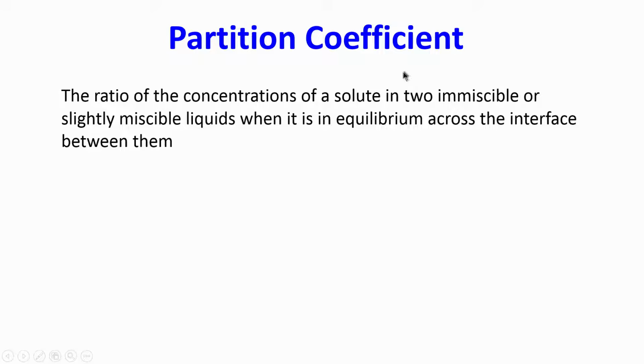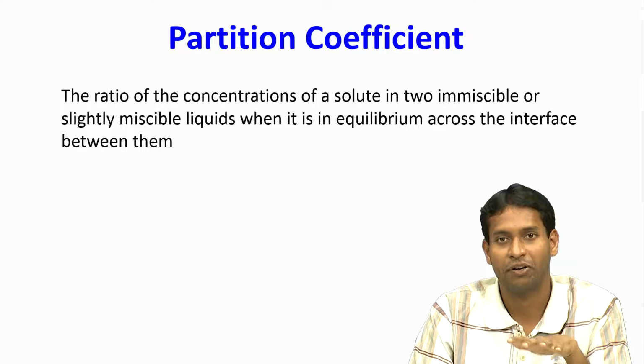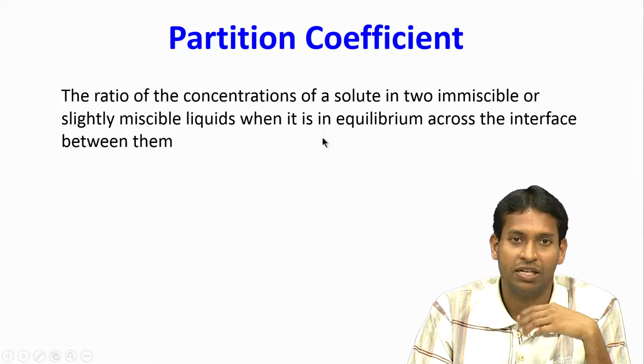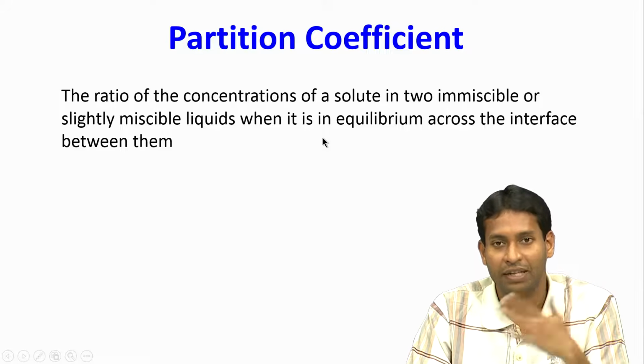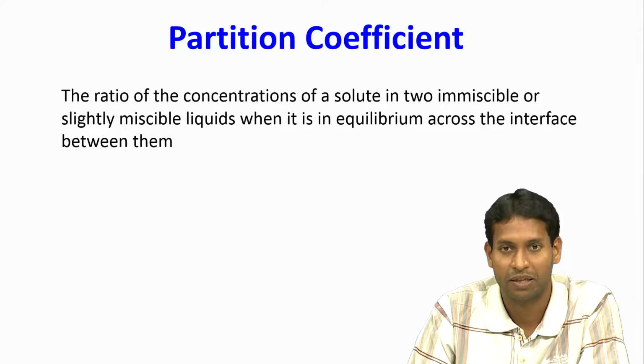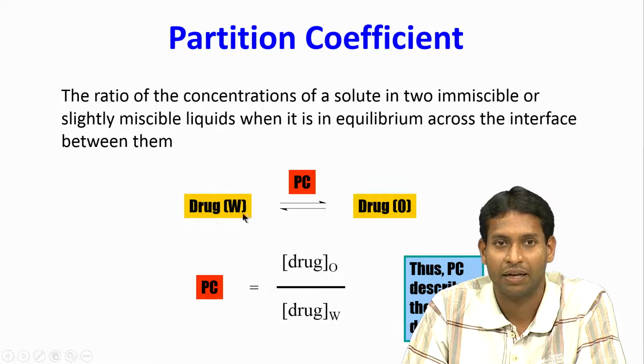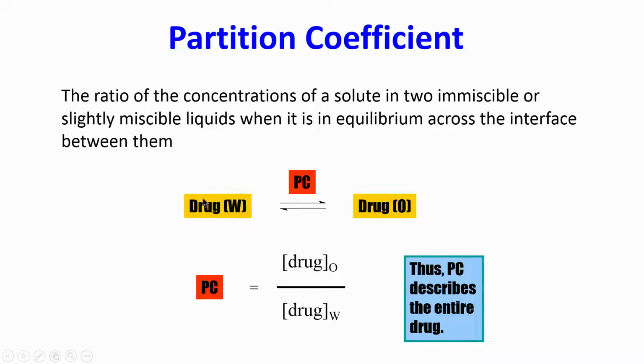Partition coefficient, another major parameter that is required for you to know before you even attempt to use a drug, and this is really nothing but the ratio of the concentrations of that particular drug in two immiscible liquids. So, this essentially defines the equilibrium of the drug between the interface of these 2 liquids. If I have 2 immiscible liquids, the drug may have a certain concentration in water and a certain concentration in oil, and these are in equilibrium with each other.